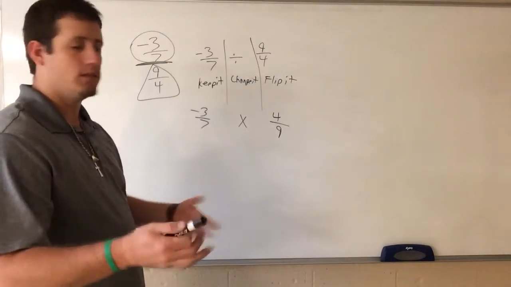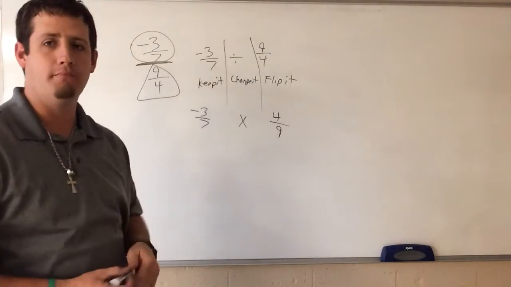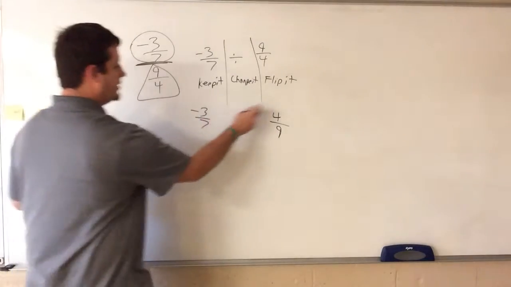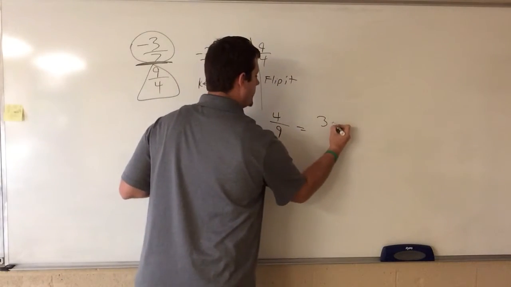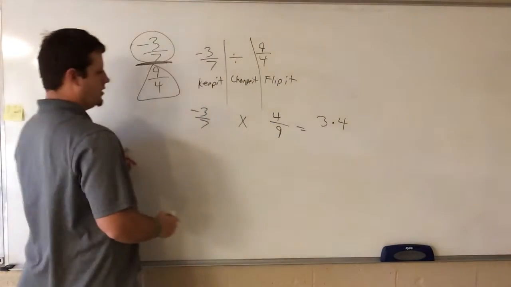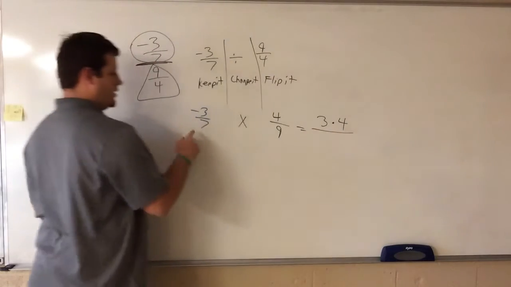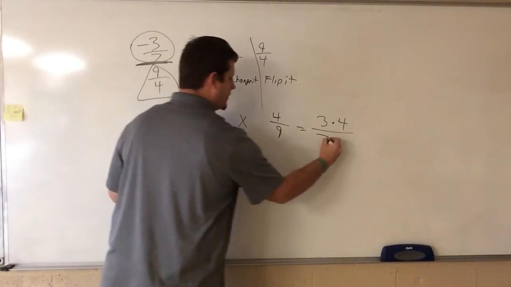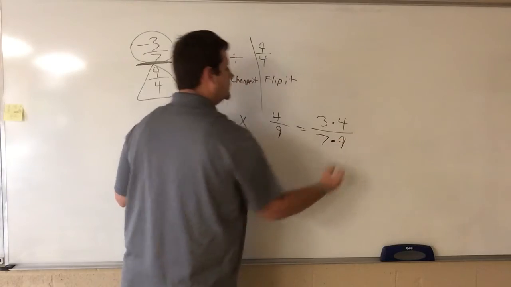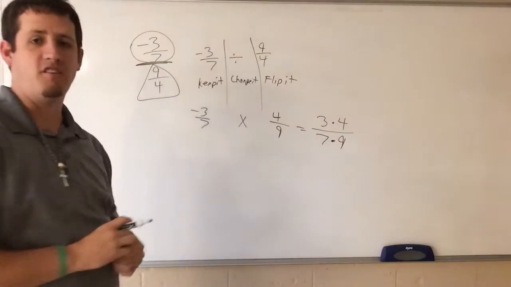To multiply fractions, all we do is top times top, bottom times bottom. So 3 times 4, all of that over 7 times 9. All right, you see anything there?